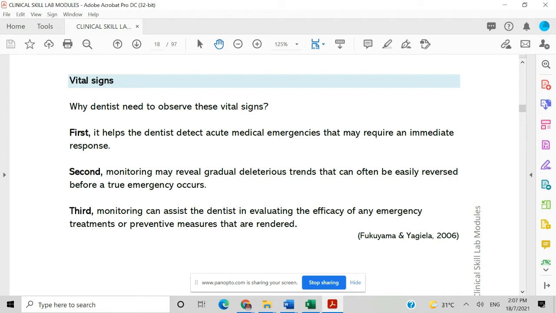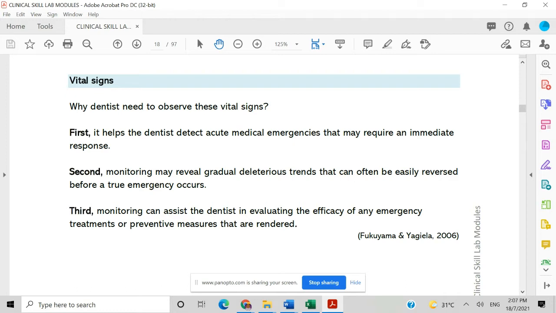First, vital signs help the dentist to detect any acute medical emergencies that may require immediate response. You may prevent medical emergencies if you can detect unstable vital signs.